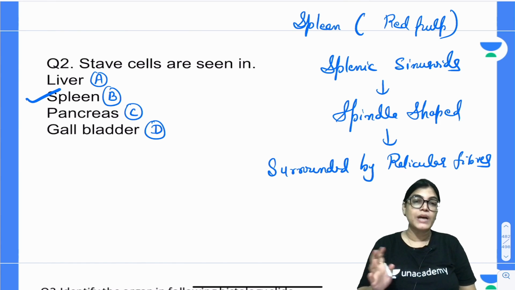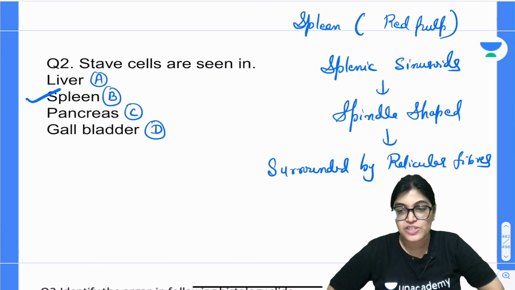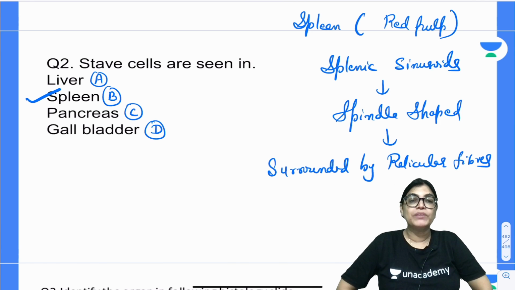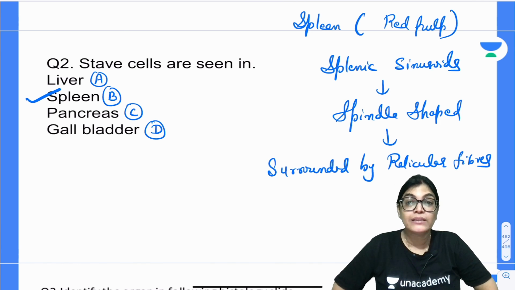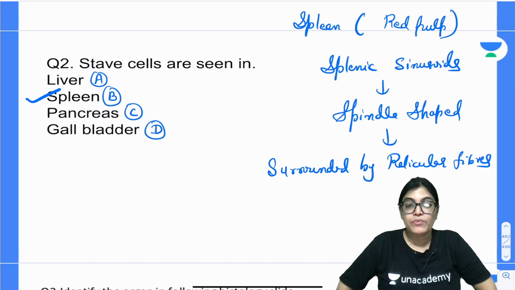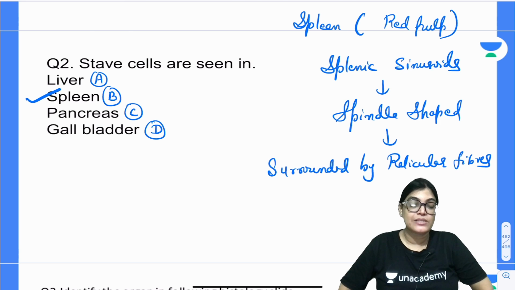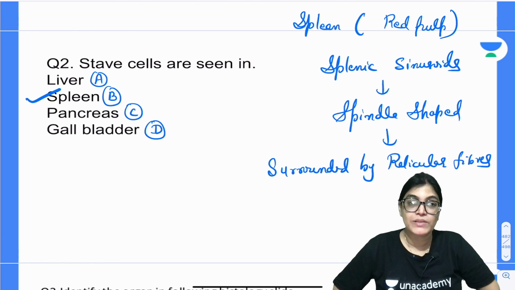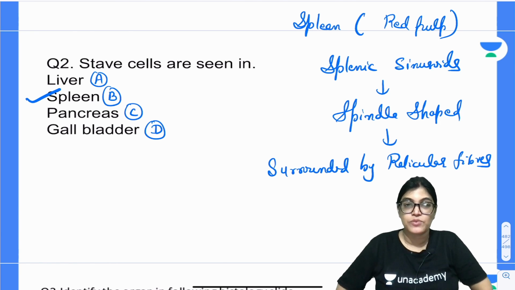Why? The whole appearance of the structure is barrel shaped. The reticular fibers surround the splenic sinusoids, which also contain macrophages and plasma cells that phagocytize old worn out RBCs and erythrocytes. Stave cells are the characteristic feature found in the red pulp of the spleen. So B is the correct answer for question number 2.